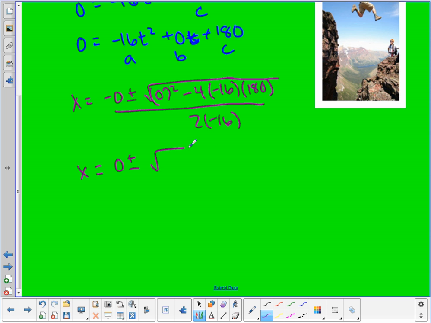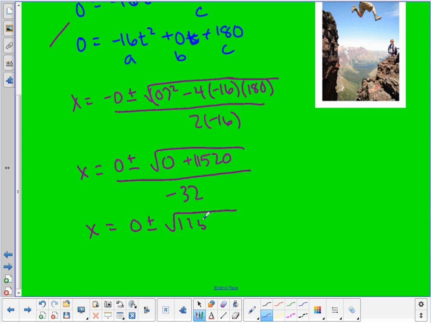This is 0 squared, which is 0, and then negative 4 times negative 16 times 180 is 11,520. That was a negative times a negative, which gave me this positive. And in the bottom, I have a negative 32. So putting those together, 11,520 all over negative 32.